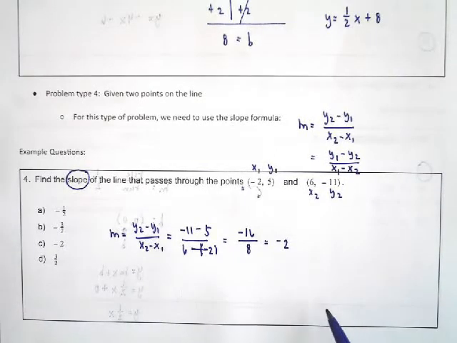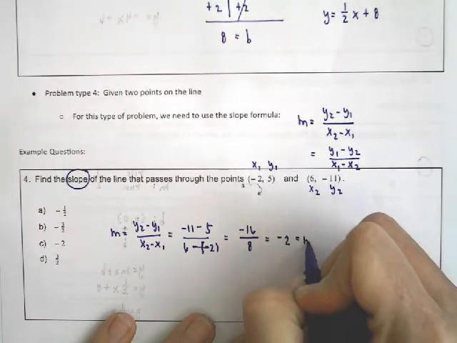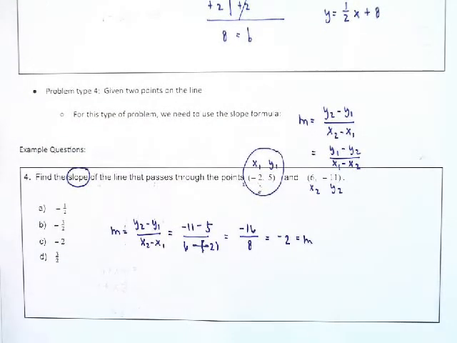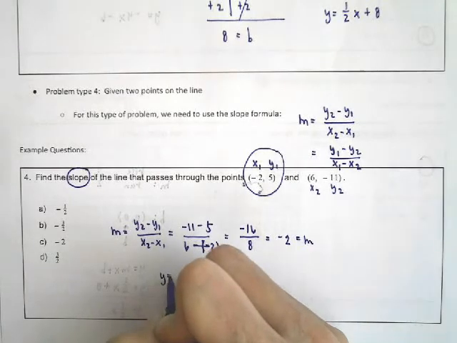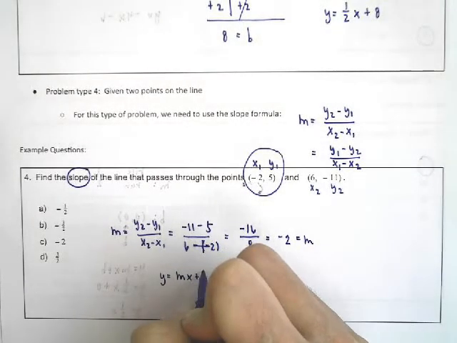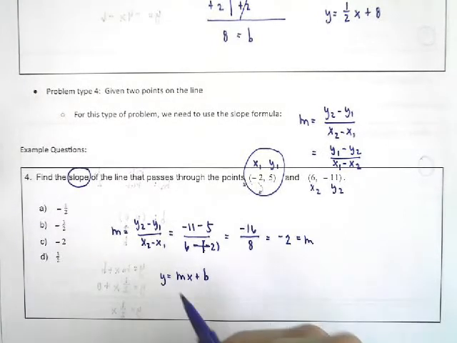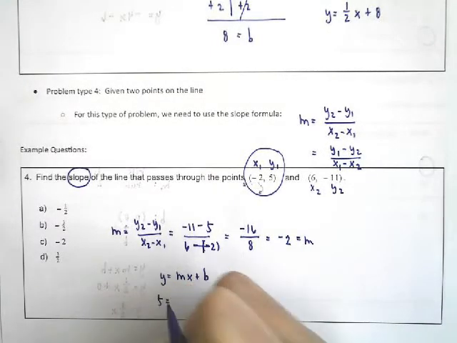Now this problem becomes exactly like what we did in the problem above. I know a slope, and now I'm going to pick a point. I typically pick my first one. And now I'm going to use that information to solve for our b value. So I start with y equals mx plus b. I'm going to plug in the y value, which is 5.